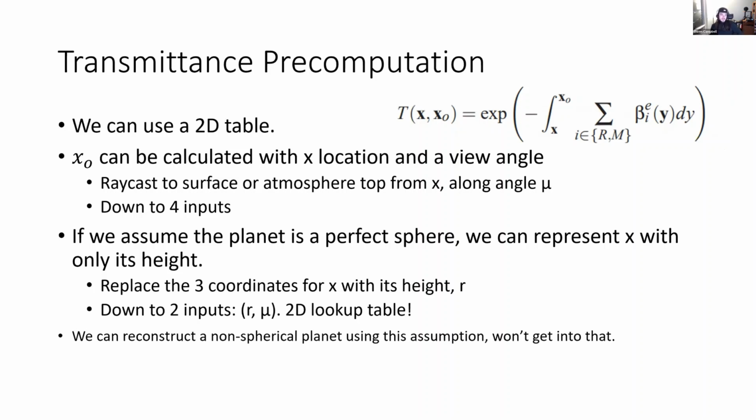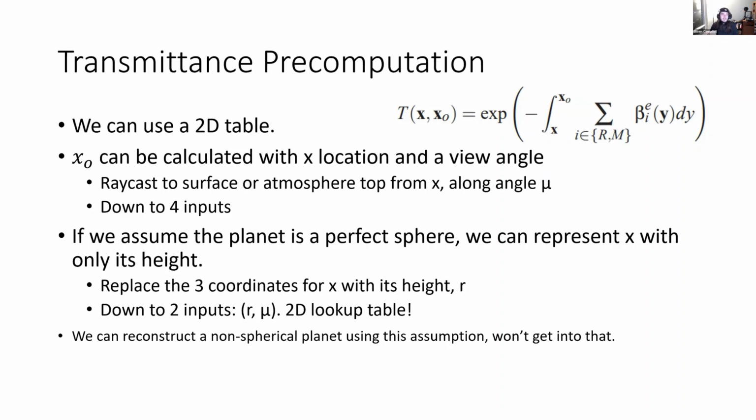This isn't true, and the paper goes into a lot of detail about how you can compute this stuff using that assumption and then do a few things afterwards to make it correct for the actual shape of your planet. I'm not going to get into how that happens. It's described in the paper pretty well, and for the purposes of this it just complicates things a little. So I'm just going to assume the planet is a perfect sphere.